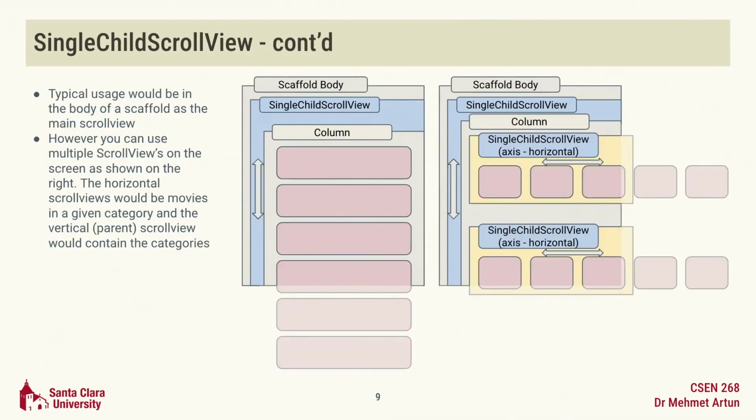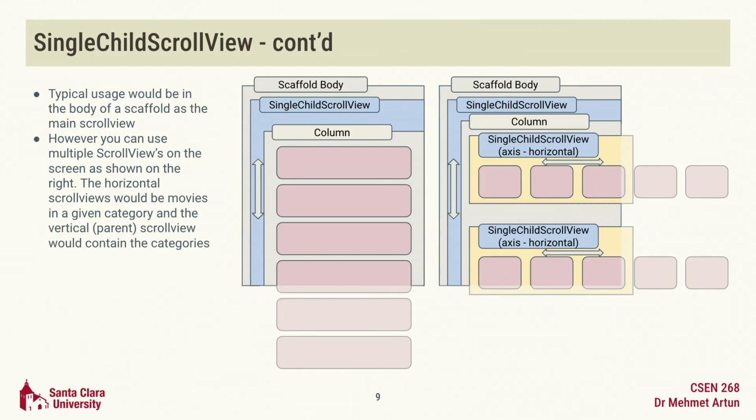So for example, this was what we had before in the previous page. But let's think about this example. Okay, is this possible? Is this doable? Right? So I have my single child scroll view, which fills the entire scaffold body. That's fine. Then I have a column here, and the column is bigger than the scroll view.